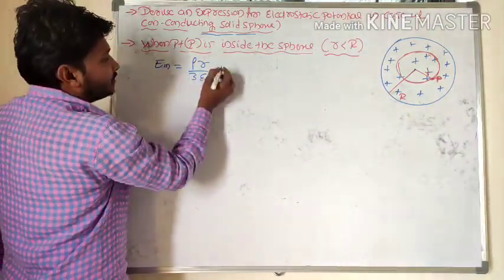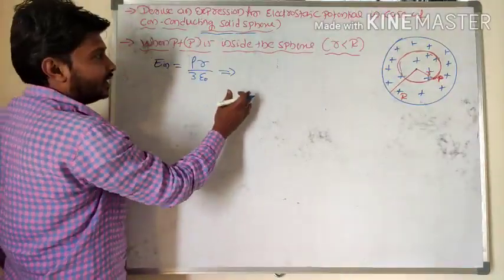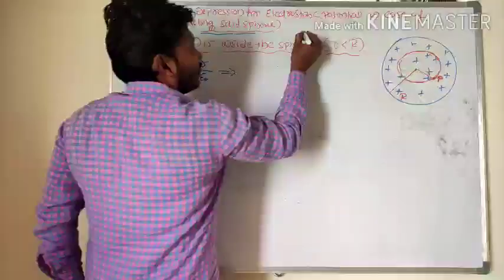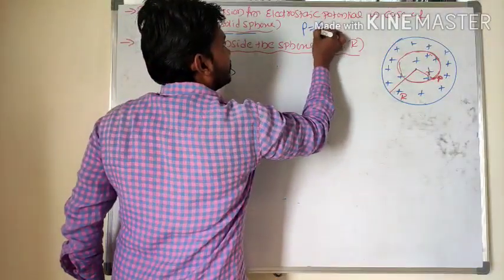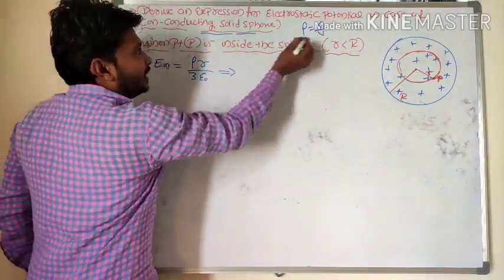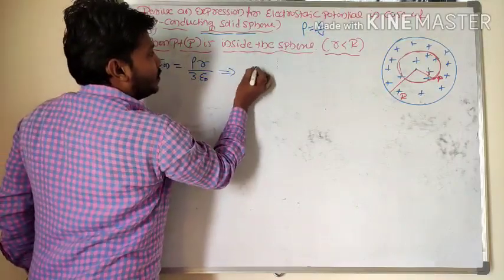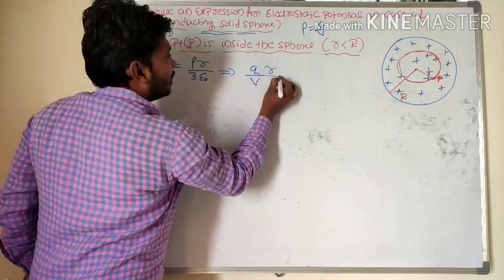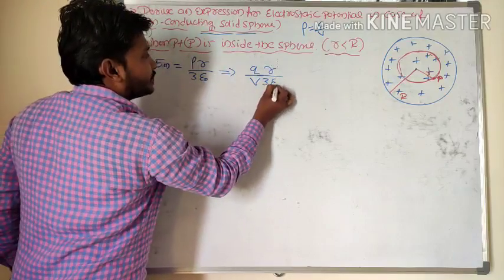Here rho is nothing but the volume charge density. Rho is equal to q by v. So I will write q by v into r by 3 epsilon naught.